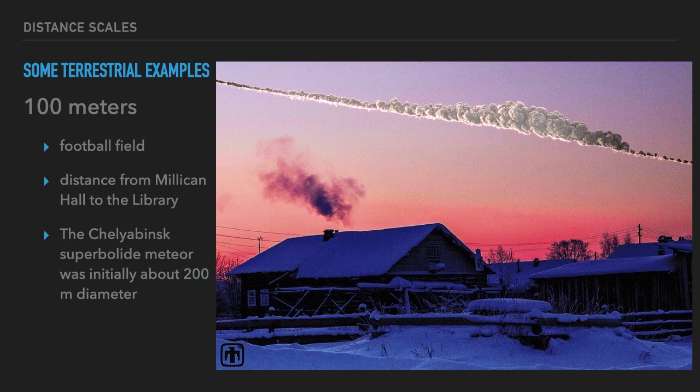When it entered the atmosphere, they estimate it was about 200 meters. So that's on the order of a couple of football fields in length. If you think about a football field, double it. So it might be a little bit bigger than Bright House Stadium, put it that way. And so that's comparable to earthbound things.